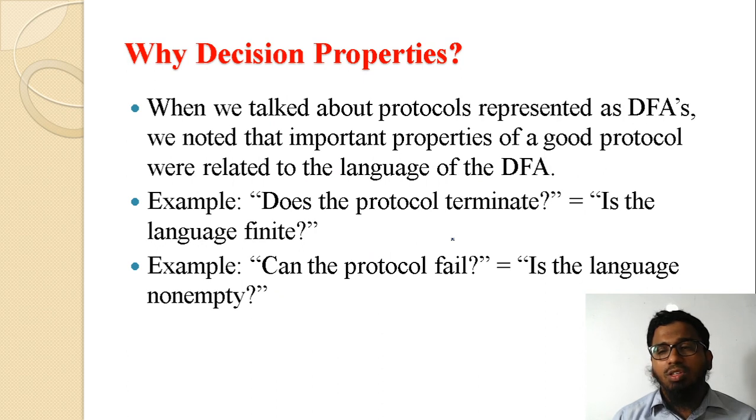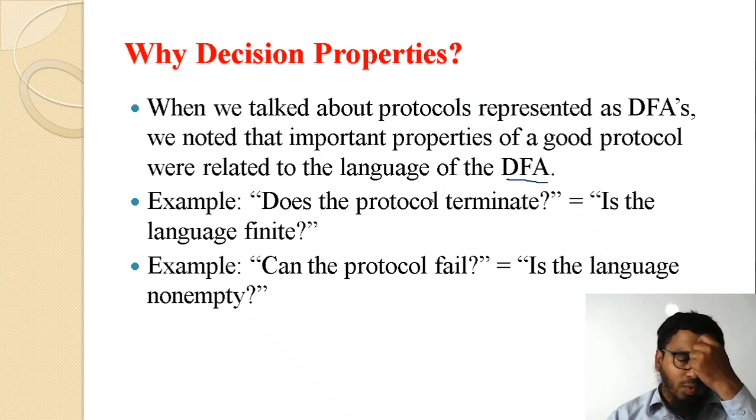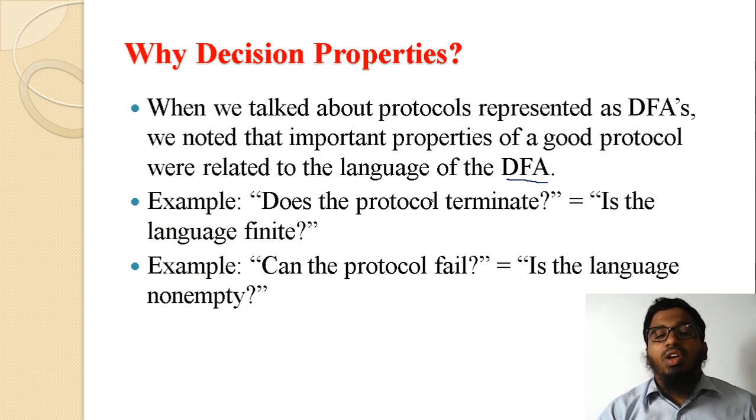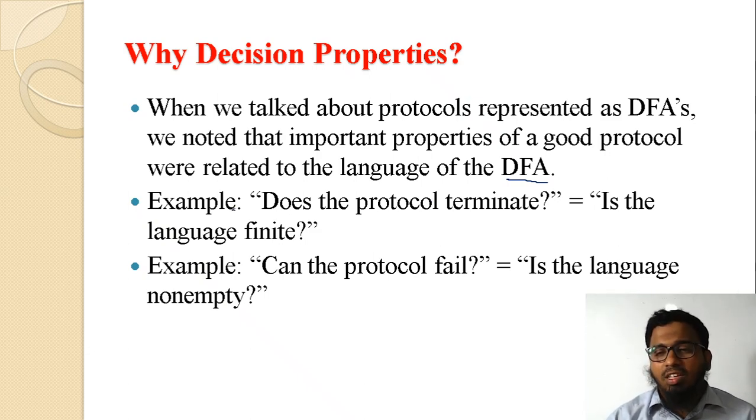And why do we need to use this decision property? When we talk about a protocol represented as a DFA, we noted that important properties of a good protocol were related to the language of the DFA. Second, for example, does the protocol terminate?